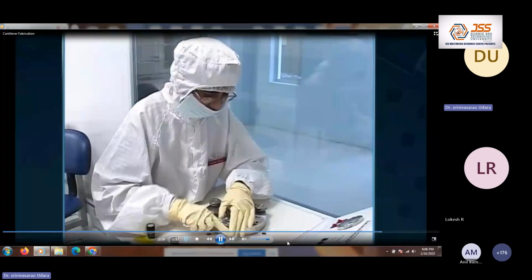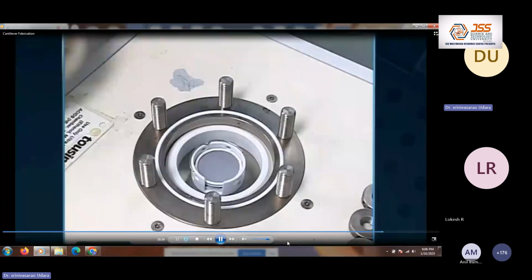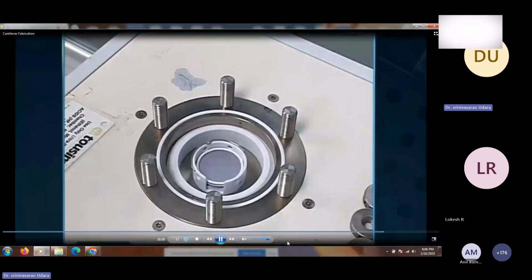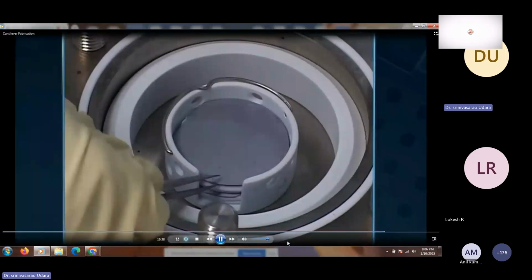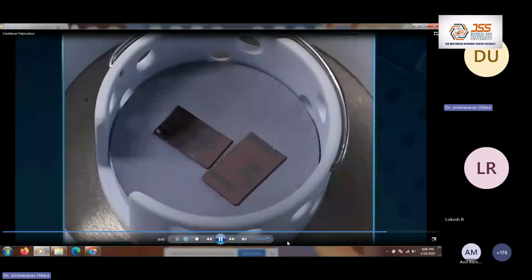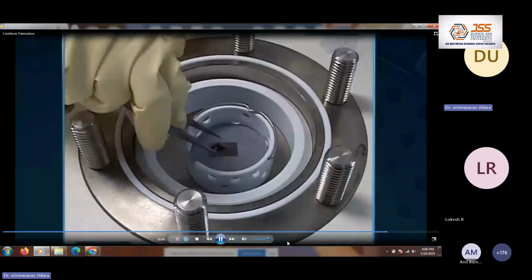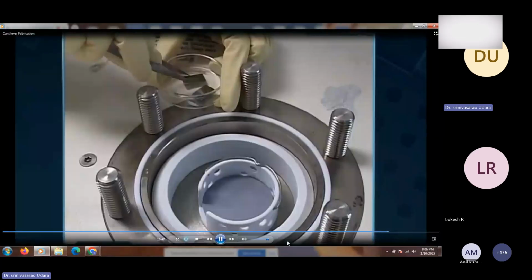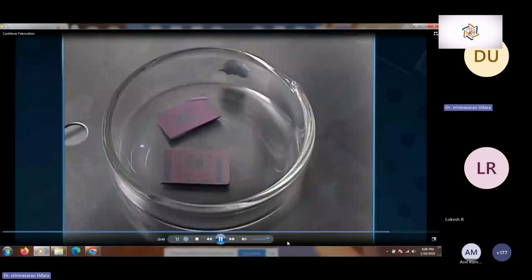We see that the chamber is completely dry, as are the samples. Unloaded samples are then taken to the characterization facility for final performance testing.